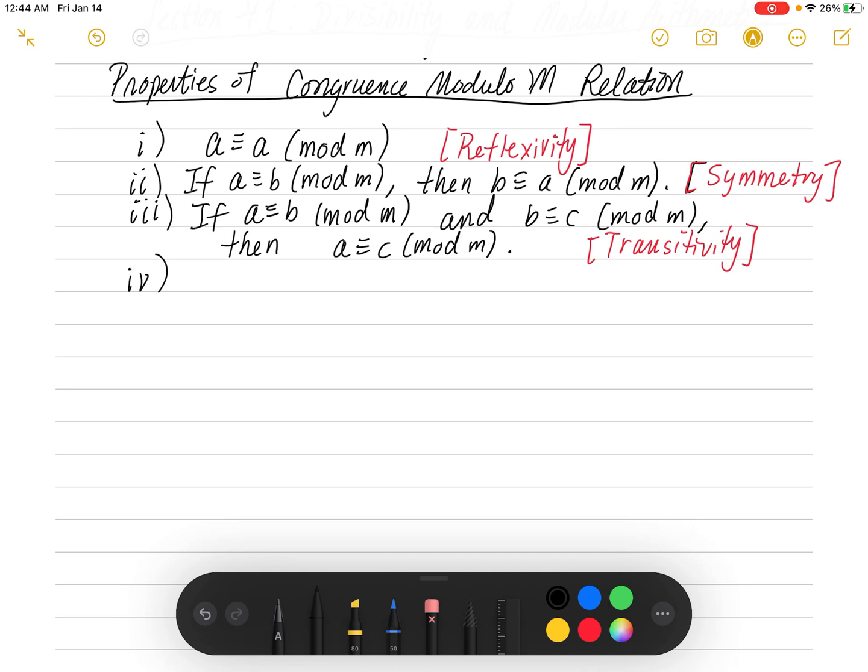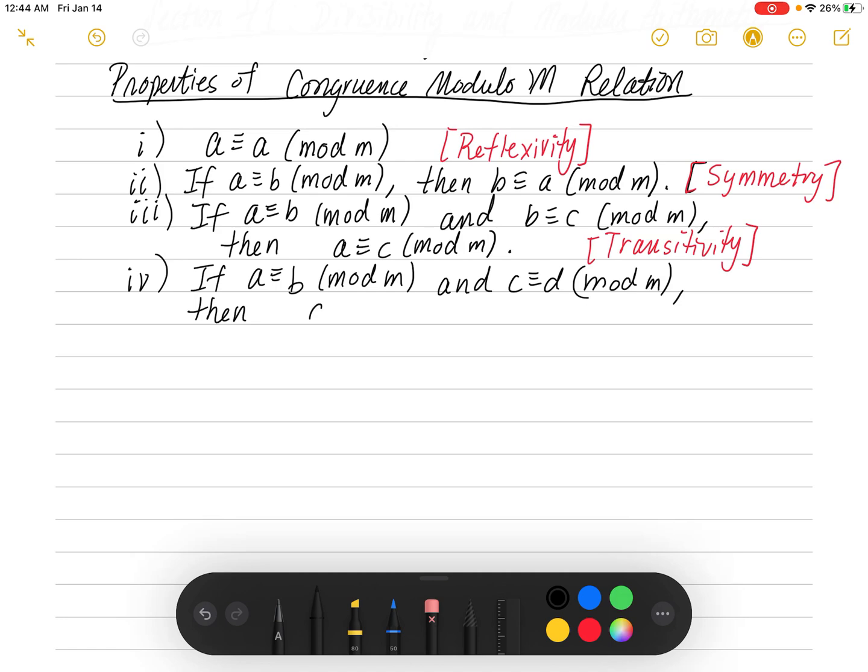So also we can do arithmetic. Number four: if a is congruent to b mod m, and c is congruent to d mod m, then you can do addition between these congruence relations.